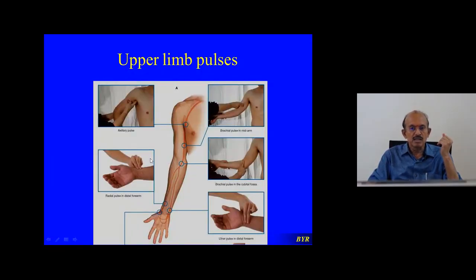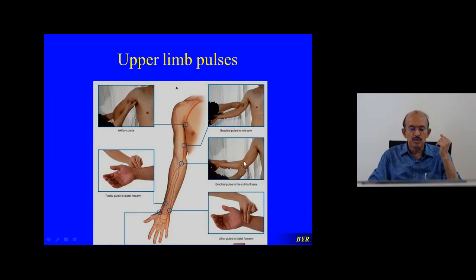Then upper limb pulses. You can feel the upper limb pulse in the axilla by passing your fingers deep into the axilla and pressing them against the humerus. You can feel the axillary artery pulse. Over the medial side of the arm, you can feel the brachial artery pulse.